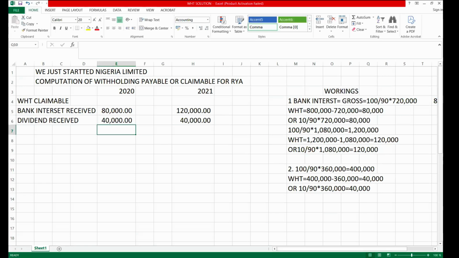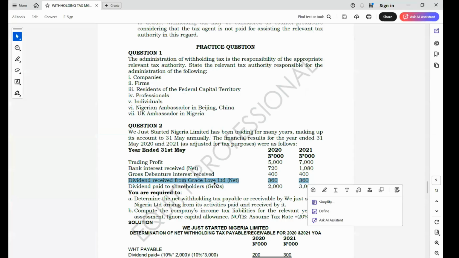After that, the next transaction happens to be dividend paid to shareholder, gross. What category of withholding tax will this give rise to?